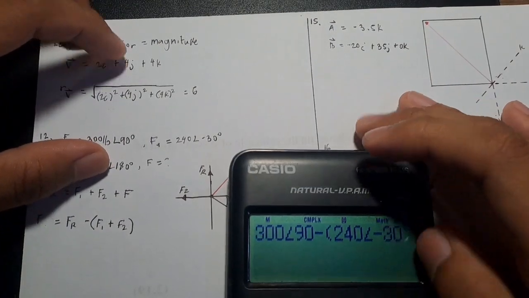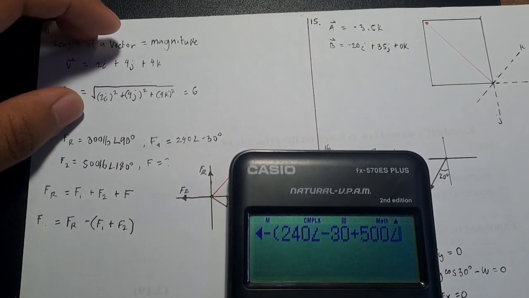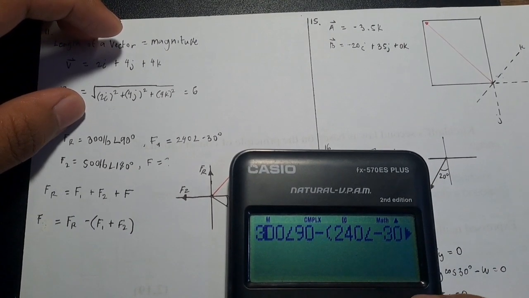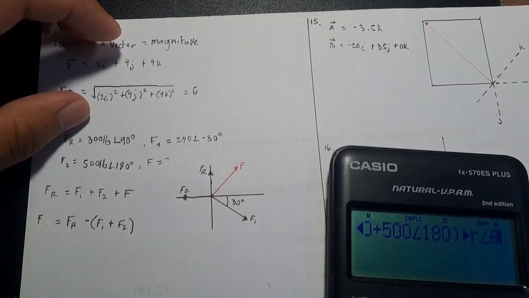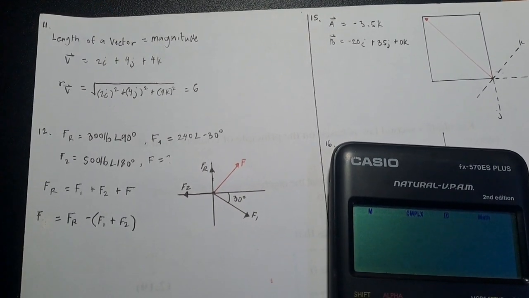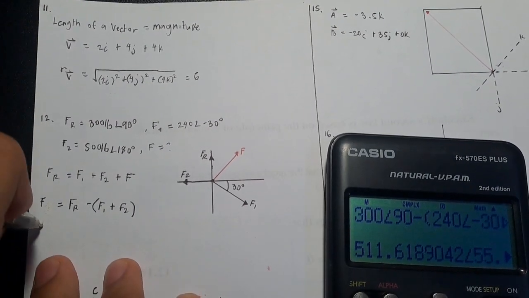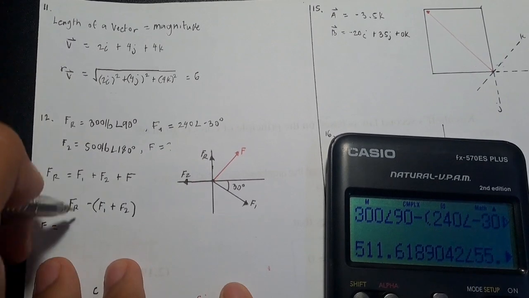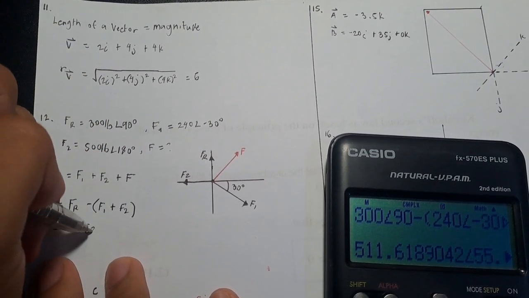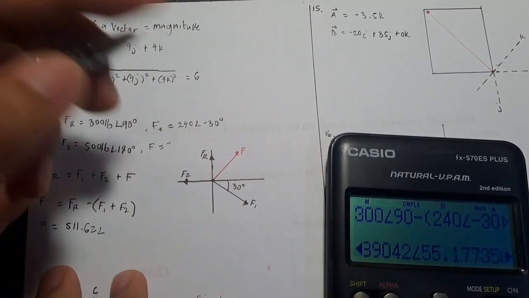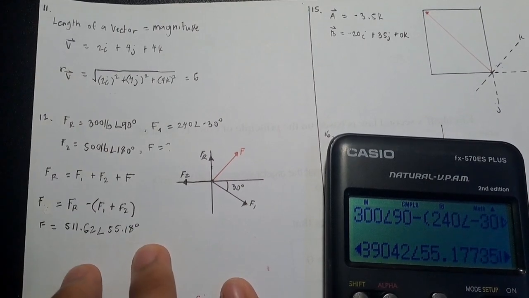So that would result in the same answer, 180, giving us a resultant ay F unknown force of F is equals to 511.62 at ang angle of 55.18. Yun. So we have all this over.